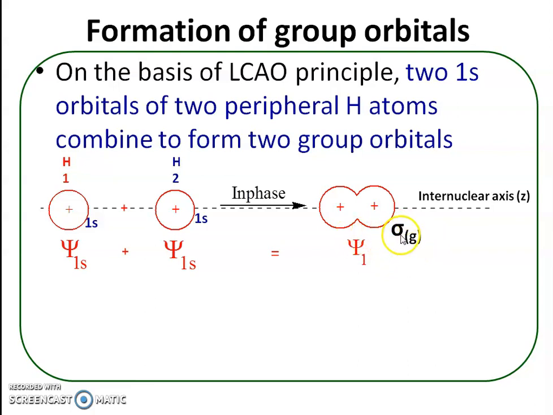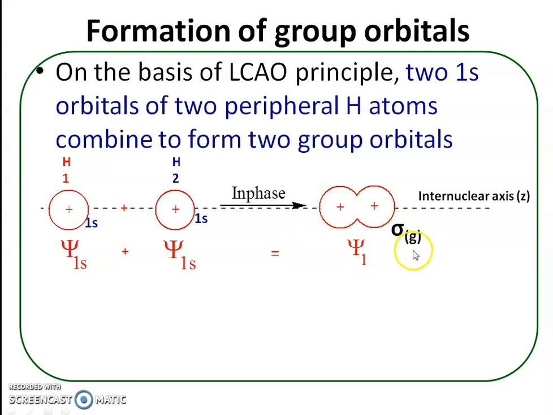Now sigma, I already told you why the sigma label is used. When this group orbital is rotated along the internuclear axis, there is no change in signs of lobes. Positive, positive, their positions remain the same. When this orbital is rotated along the internuclear axis through, suppose, 120 degrees, 180 degrees, or any angle, the position of positive lobes will remain the same. There is no change in sign of wave functions of lobes, and therefore sigma.